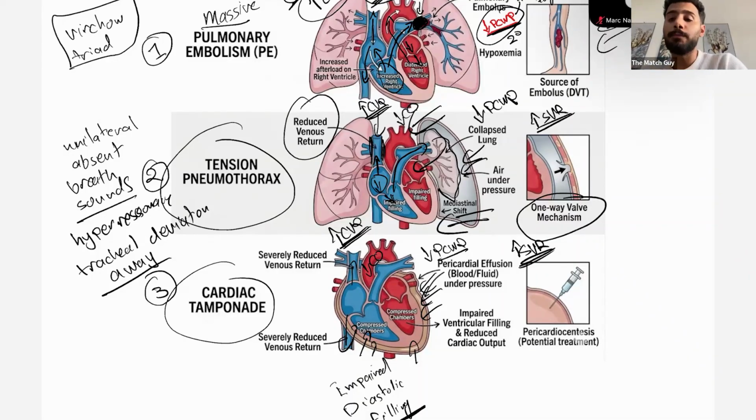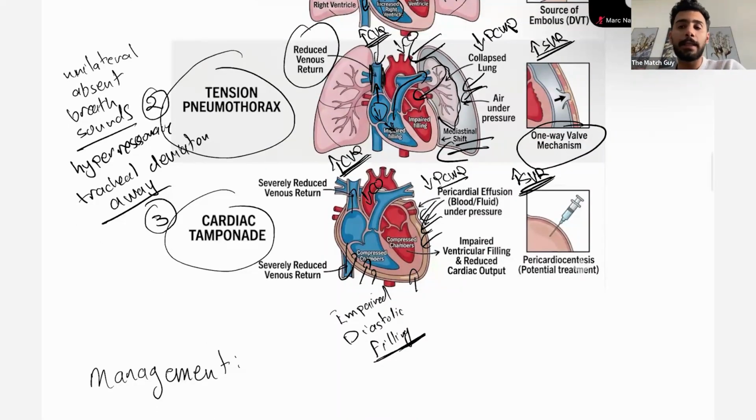And for cardiac tamponade, it can happen in the setting of pericardial effusion, in trauma, or as a complication of MI. In order for you to recognize it on the exam, you have to look for Beck's triad. What is Beck's triad? It's three things.